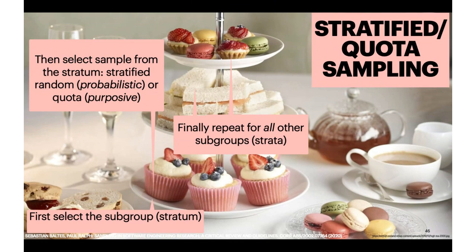So let me make it a little bit more tangible. Let's say we want to continue our study of developers' morale survey. And let's say that we observe differences between developers who identify as white and those who do not identify as white. Moreover, in our organization, 90% of the developers are white.